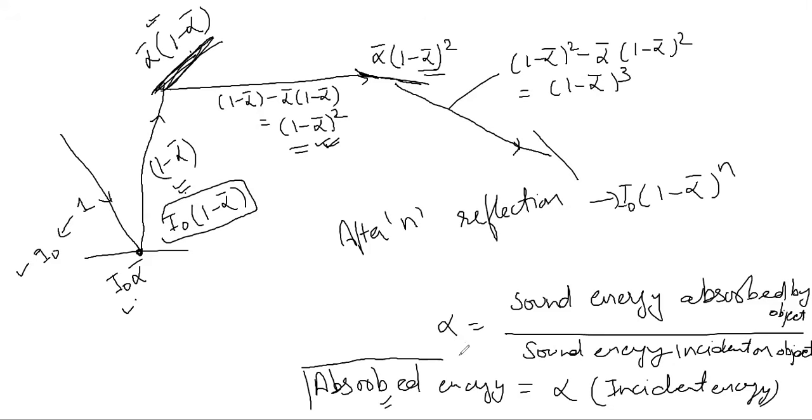And you can do the similar for the next step also, right? Because then you will have I naught, the absorbed intensity will be I naught alpha times 1 minus alpha, right? And this is now your incident. This is your absorbed. So if you want to calculate your reflected, incident minus absorbed will be your reflected. And again, your I naught is going to come out here from both of them.